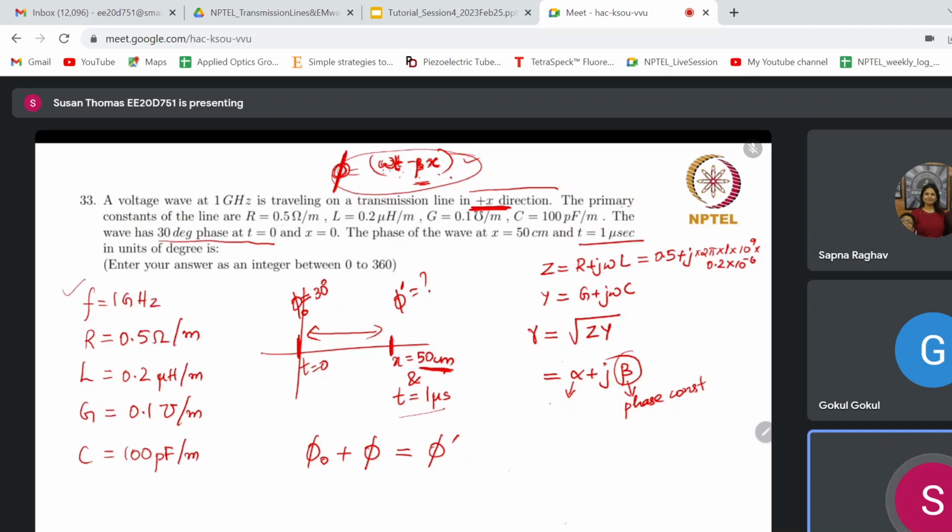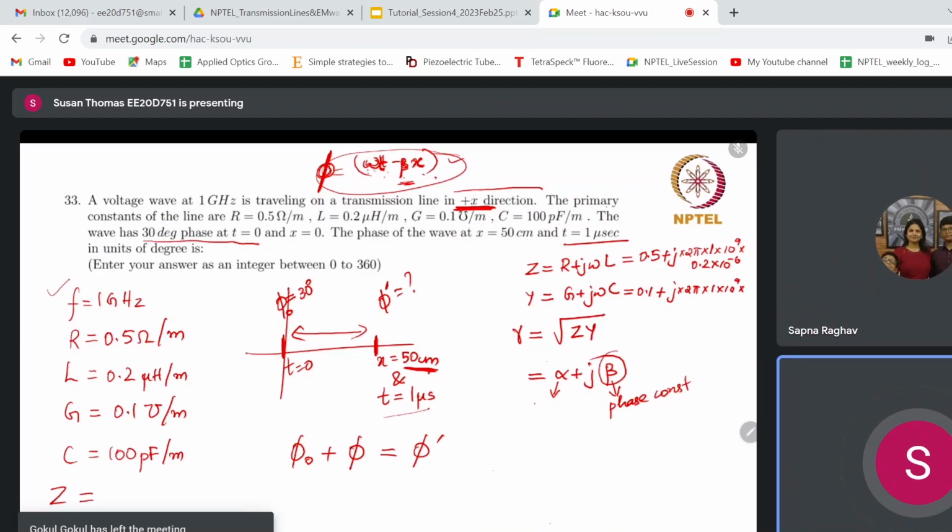So we calculate Z. Similarly, do Y: G plus j omega C, 0.1 plus j into 2 pi into 1 into 10 power 9 into C. C will be 100 picofarad, 100 into 10 power minus 12. Okay, so Z and Y are found.